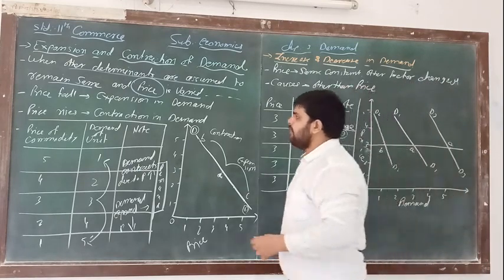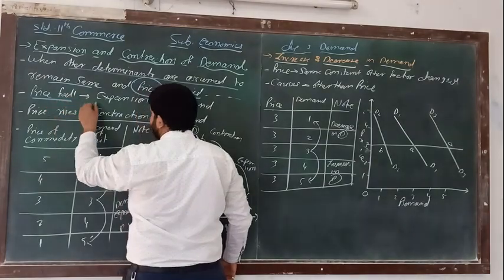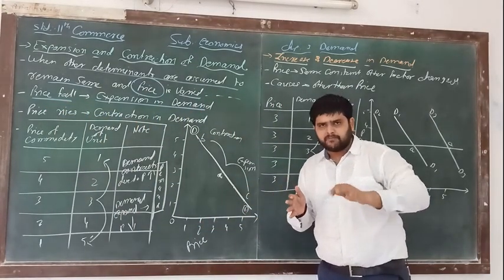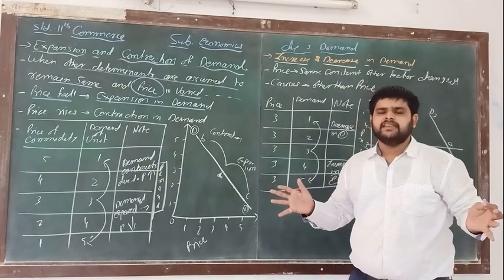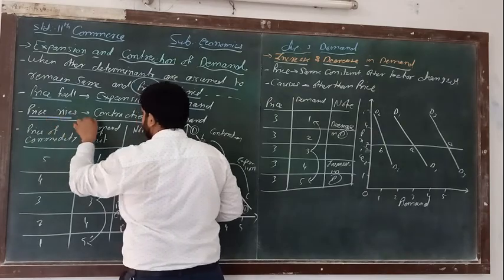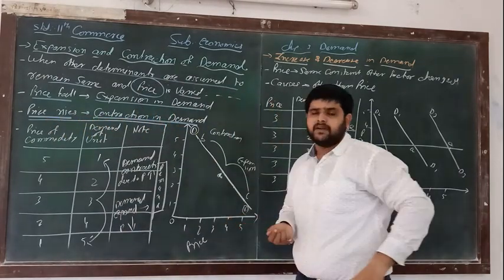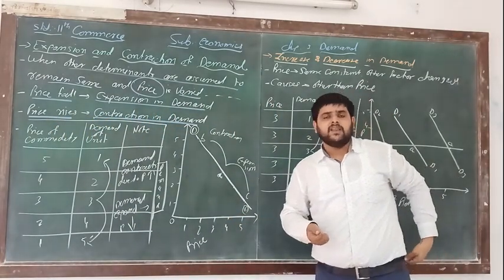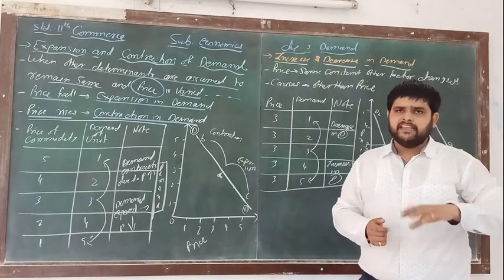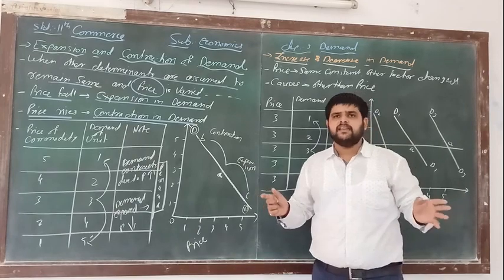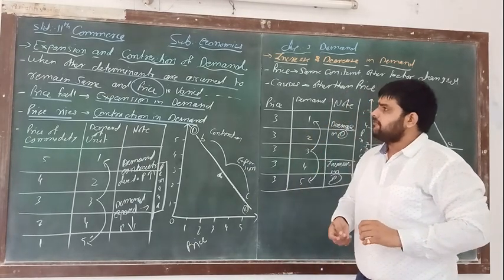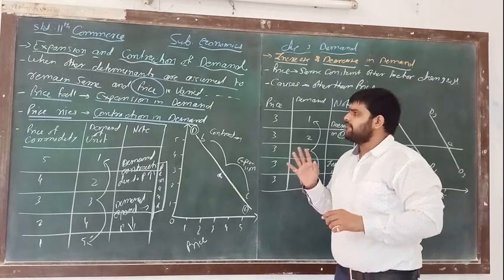If price falls, price decreases, there is expansion in demand. And if price rises, contraction in demand. So this is the meaning of expansion and contraction of demand.